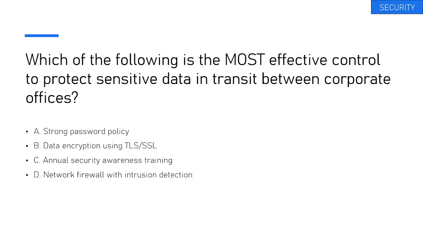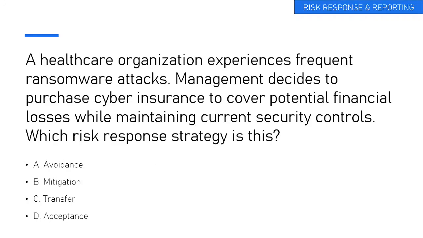And the next one is network firewall with intrusion detection, right? IDS system will detect if there is any kind of intruder that's coming into your network, and it protects your network, right? But it won't encrypt the traffic. And we're talking about the traffic here, moving traffic, right? So I think the better option on this one is data encryption using TLS or SSL. Is the right choice. All right, let's move on to the next one here.